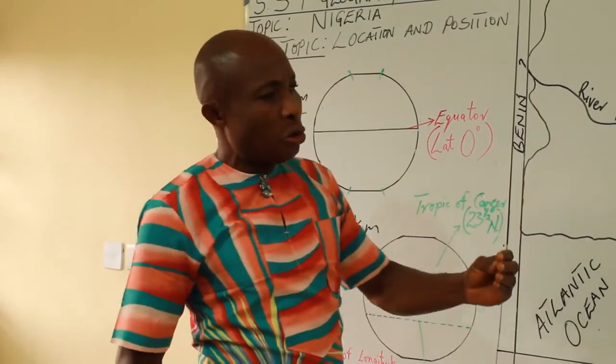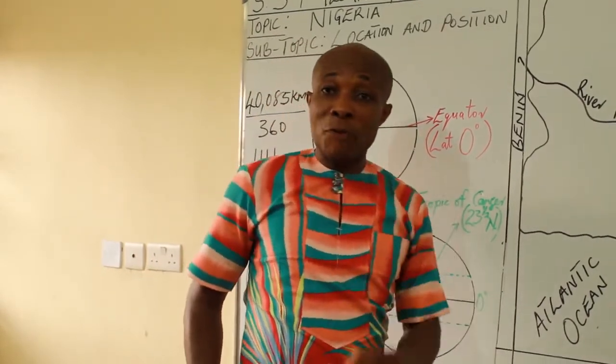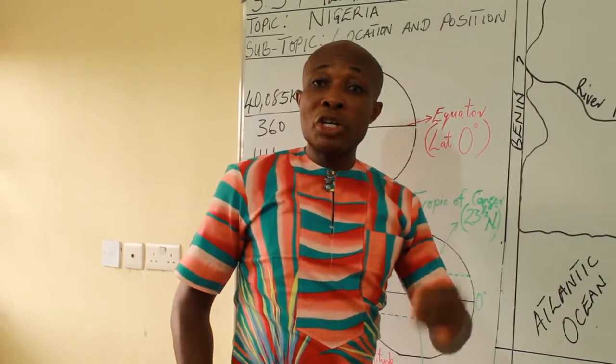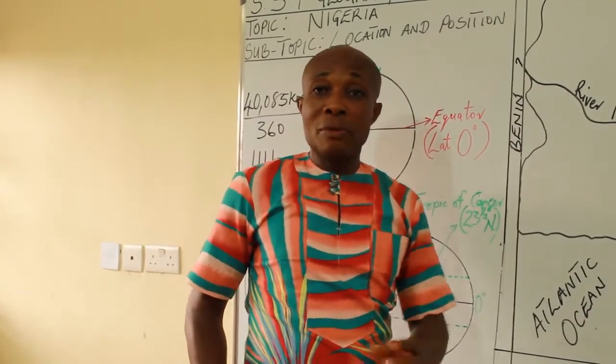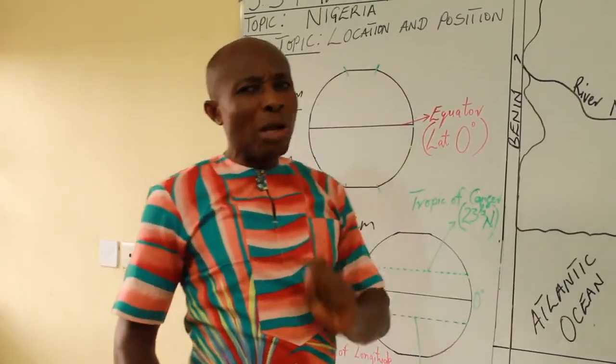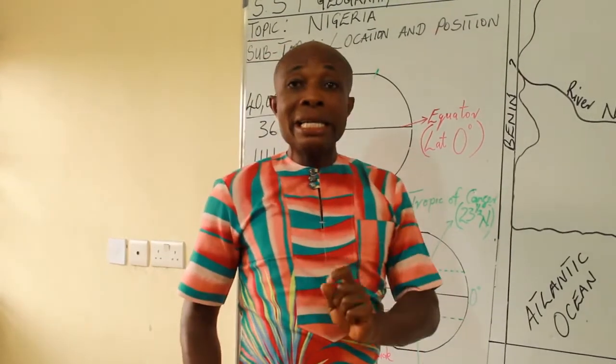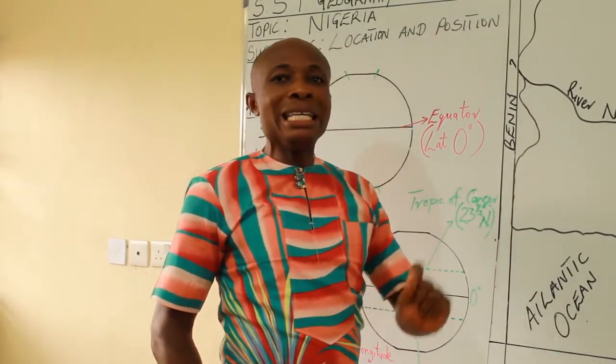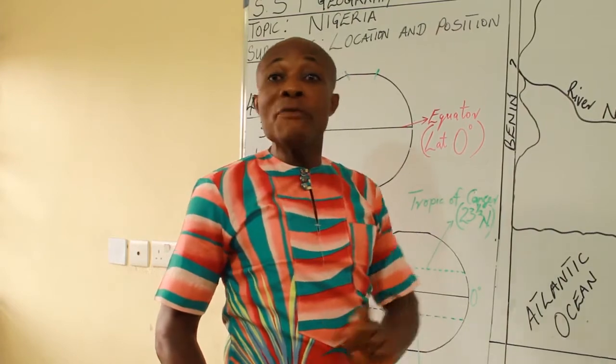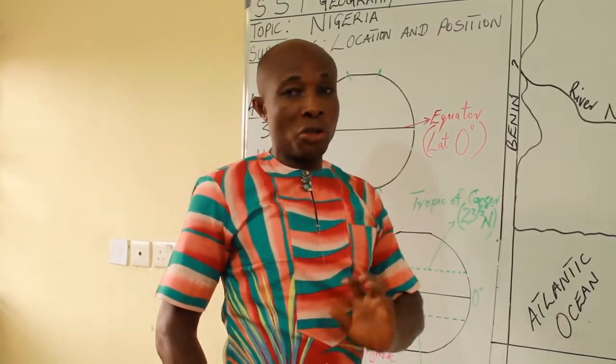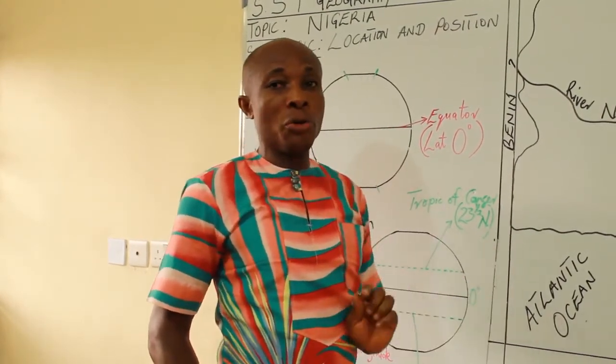You have also known that Nigeria is the fourth largest country in West Africa in terms of landmass. Then when we talk about population, Nigeria is number one. Nigeria is the most populous country, even in the whole of Africa, not just West Africa alone.